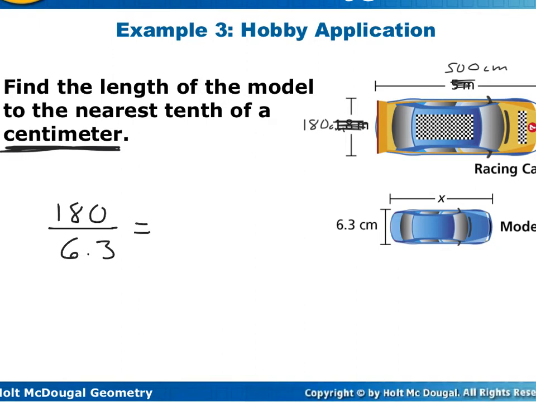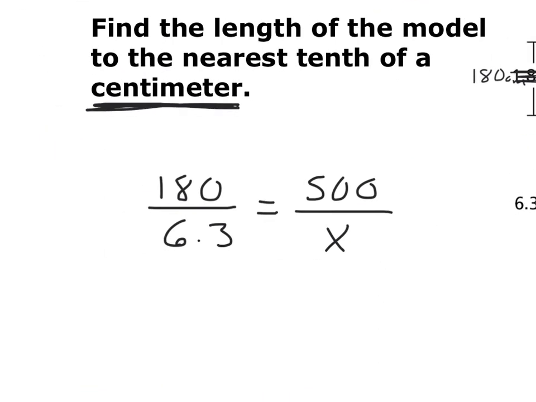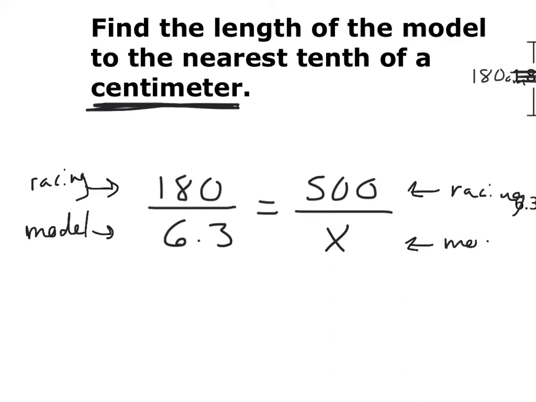And that's going to be equal to the length of the racing car over the length of the model car. It's important here that we keep it consistent. We have the racing car on top and the model car on bottom.